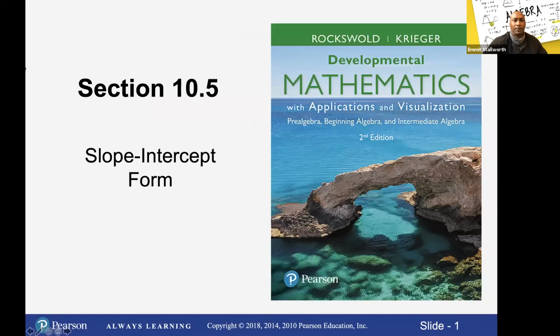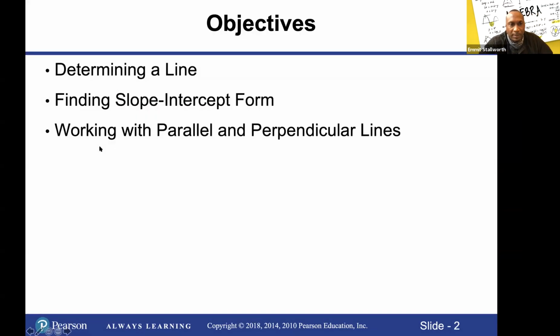All right, so this right here is slope intercept. What we're going to be doing is determining a line and finding slope intercept form. So that's the form that we're dealing with. I'm just going to go through this presentation, and I'm not going to work any additional problems.